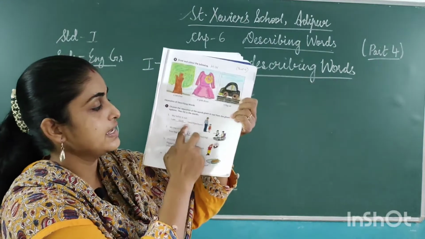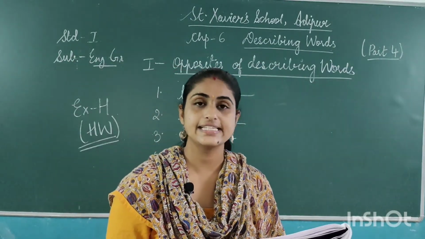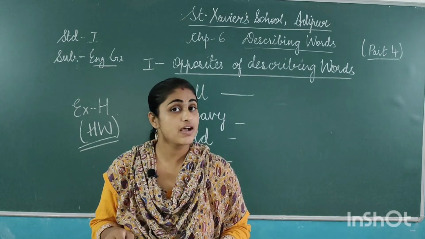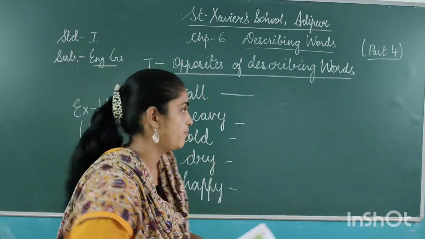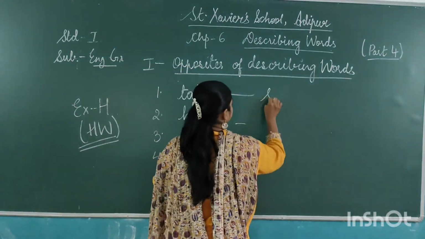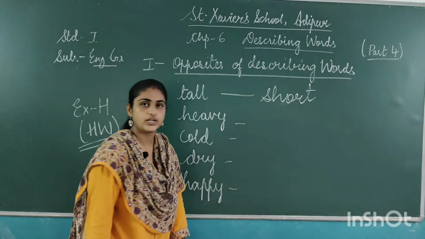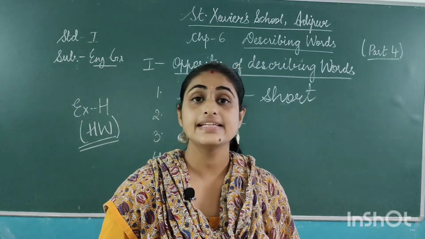You can see 3 options are given. First is red, second is thin and third is short. So what will be the opposite of tall? Short. So the first one will be SHORT, short. Understood? Next, my bag is heavy.